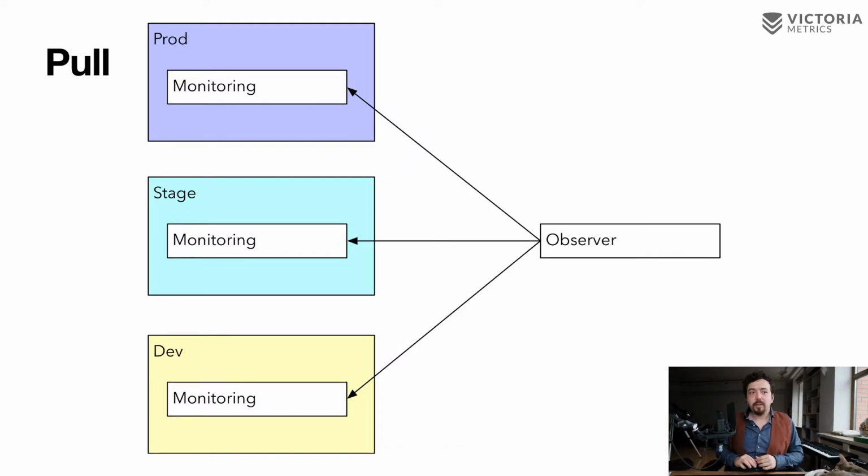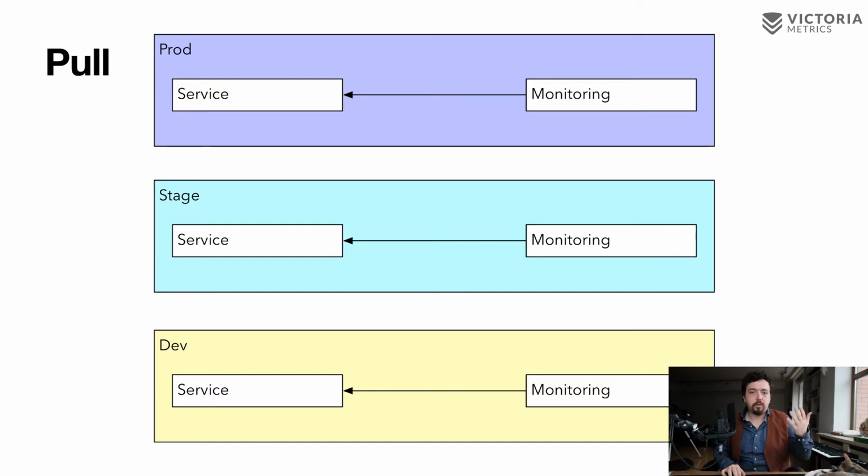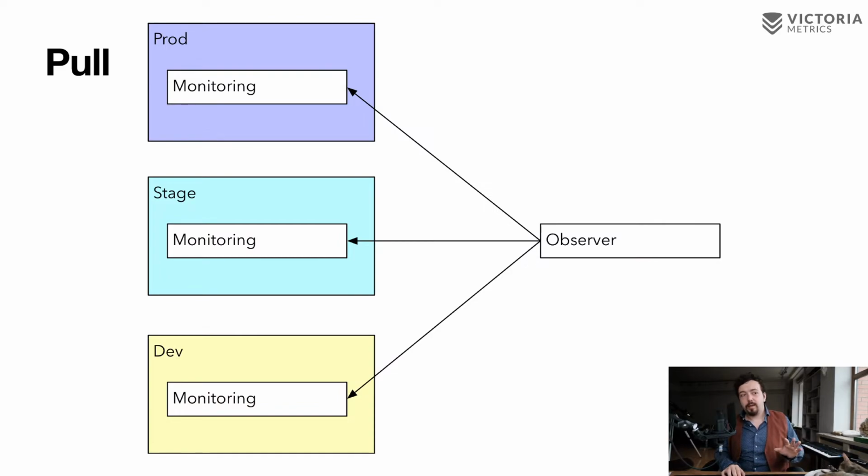And usually for this we need some kind of observer to go to each environment and get metrics from it. It's a pretty easy, logical solution. It has some disadvantages, but we can talk about this a little bit later.